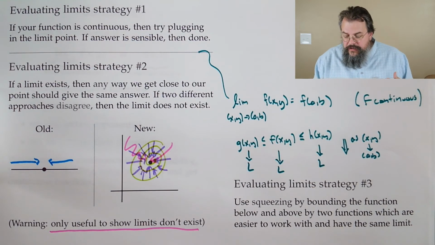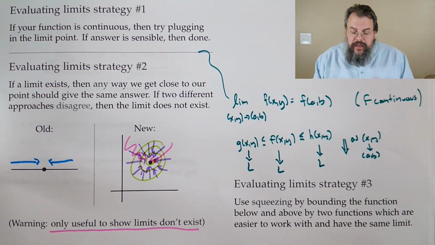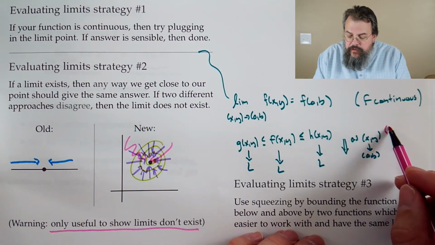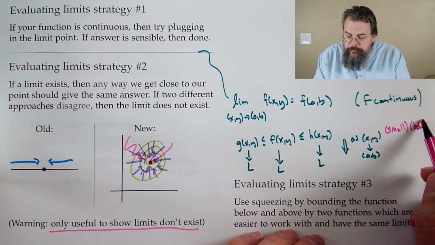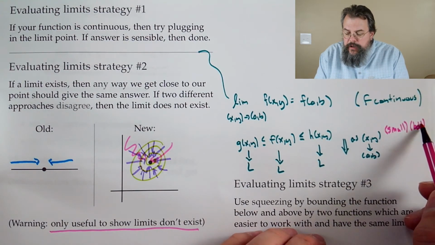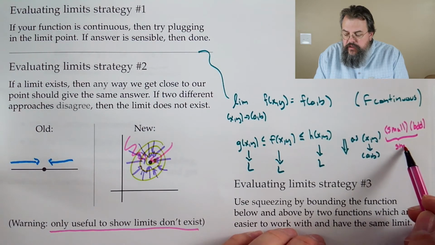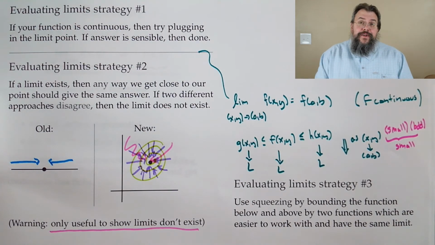So what you're really looking for when you're thinking about using a squeeze principle, the most common way you'll see it is you'll get something small times something which is bounded. And when you combine these together, you see, aha, the net result is small. So when I talk about small, what I mean is something going to 0.